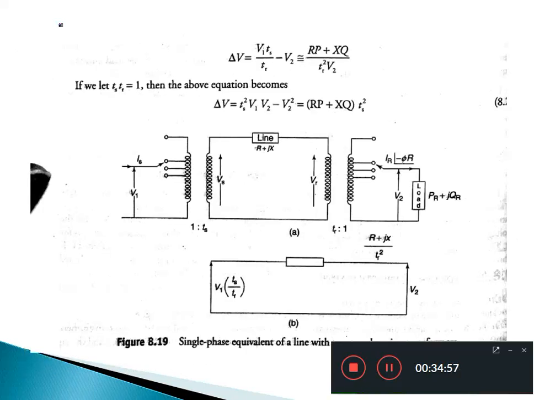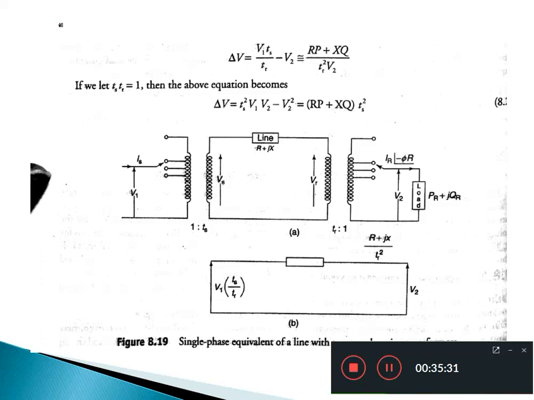This is the tap changing transformers equivalent circuit, used to find the voltage changes with the help of tap changing transformers. Source side current is Is, voltage on the primary side is V1, and the transformer ratio is 1 is to Ts. Ts is the secondary side terminal ratio, and we connect the line and one more transformer with ratio Tr is to 1.